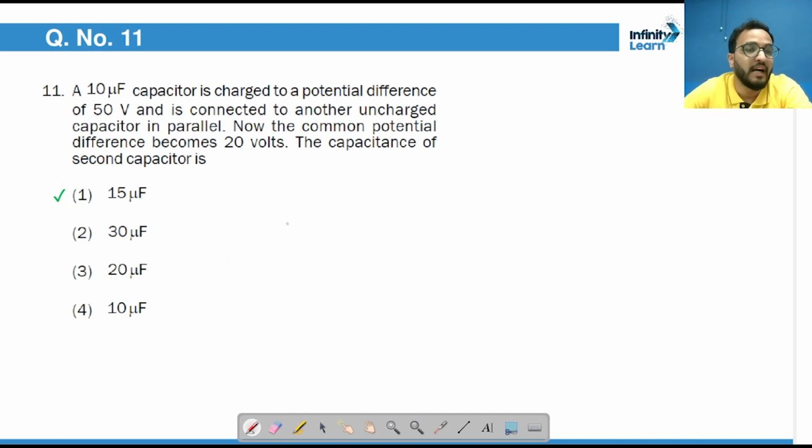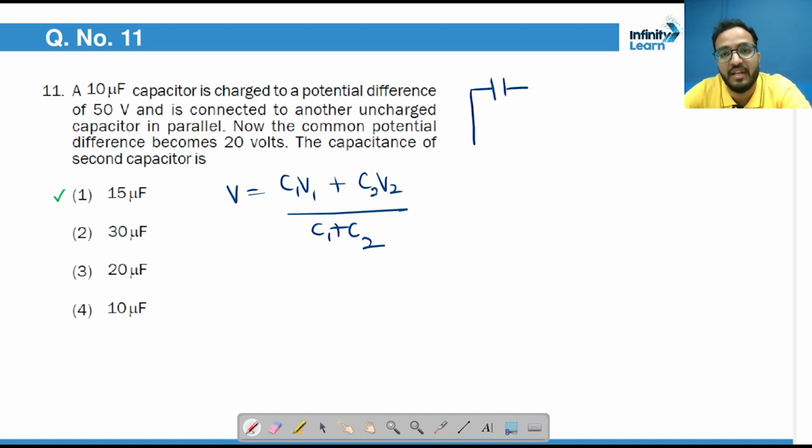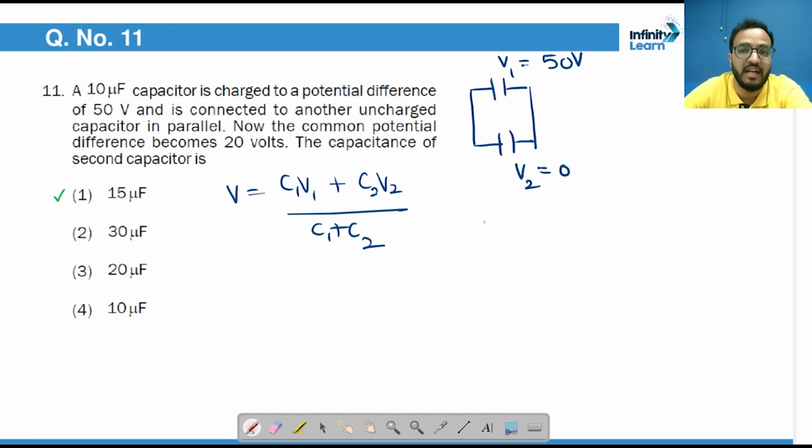11th question. A 10 microfarad capacitor is charged to a potential difference of 50 volts. See, whenever two capacitors are connected, remember the common potential is C1 V1 plus C2 V2 upon C1 plus C2. So what they have done is they have charged one capacitor and connected it to another uncharged capacitor. So V2 is 0, V1 is 50 volts, and they have given the information of C1 and C2 also.